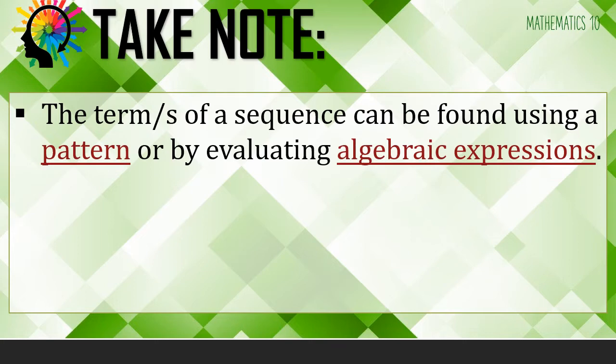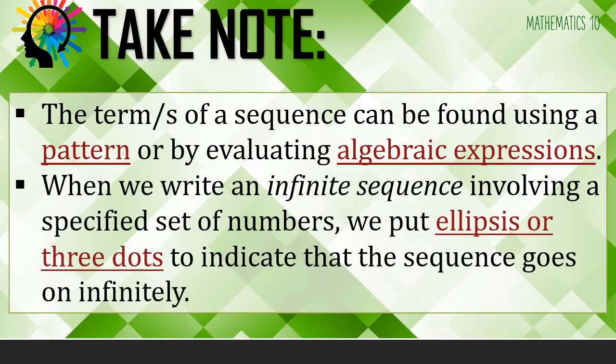You will also be able to identify the terms of a particular sequence by evaluating an algebraic expression, like in the nth term or the explicit formula a while ago, wherein you simply substitute the value of n, or the value of any variable, in the given formula or nth term. And next, when we write an infinite sequence involving a specified set of numbers, we put an ellipsis, or 3 dots, to indicate that the sequence goes on infinitely. So take note of that.